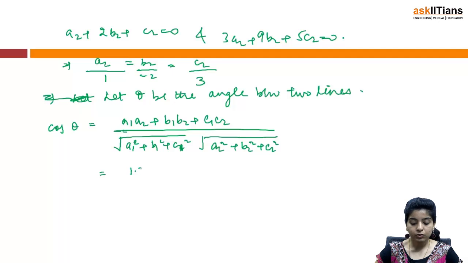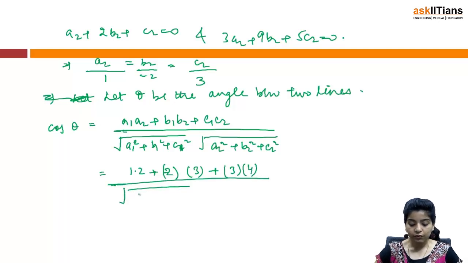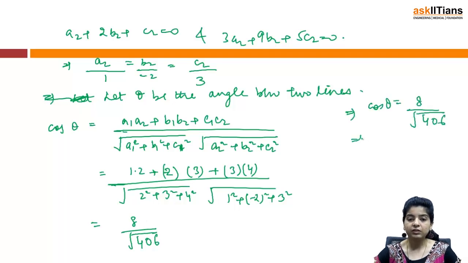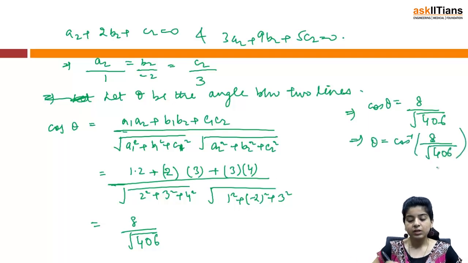So this is equal to 1 into 2 plus minus 2 into 3 plus 3 into 4 divided by under root of 2 square plus 3 square plus 4 square and 1 square plus minus 2 square plus 3 square. So this gives me 8 by under root 406. So cos theta is 8 by under root 406, which means theta is cos inverse of 8 by under root 406. So this is the required answer.